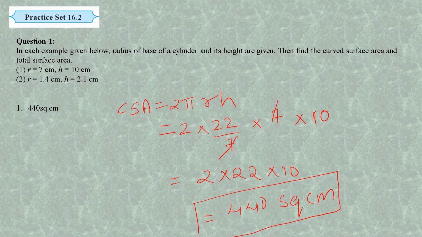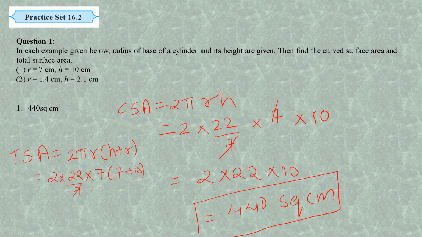Next, we also have to find out the total surface area of the cylinder, and as we know, the total surface area formula is 2 pi r into bracket h plus r. Substituting the values, we have 2 pi, taken as 22 upon 7, into r, that is 7, and inside the bracket h plus r, that will be 7 plus 10.